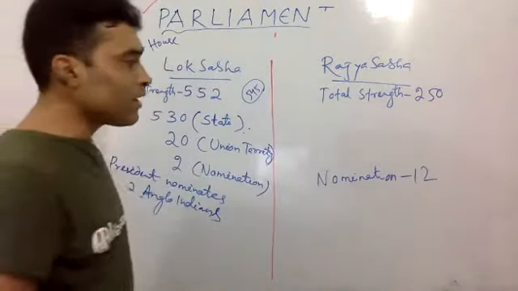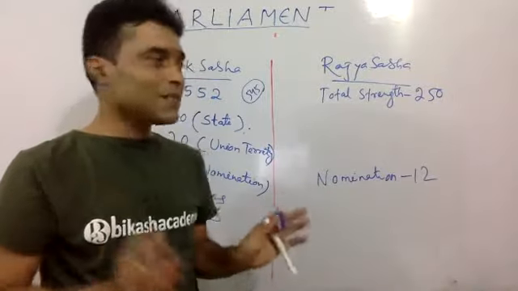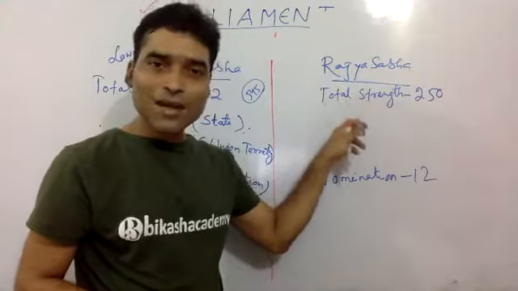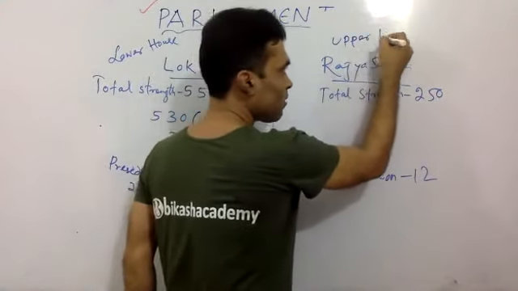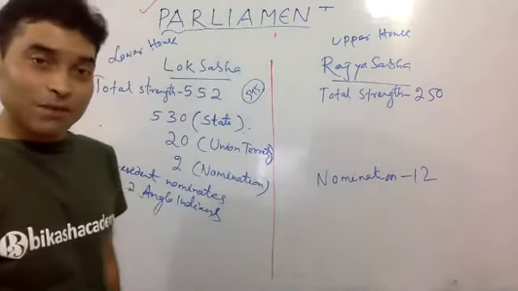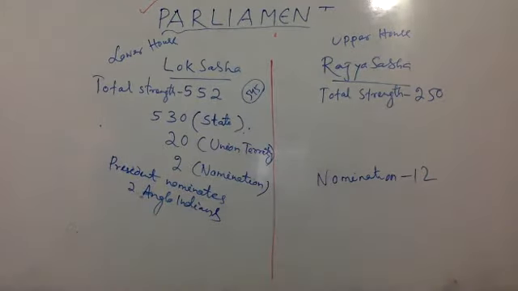The President of India will nominate those great personalities to the upper house of Parliament, Rajya Sabha. So this is upper house. You have to remember upper house. So President can nominate 12. You just imagine, right? I hope this is clear. And if you have any problem, you can ask, right?